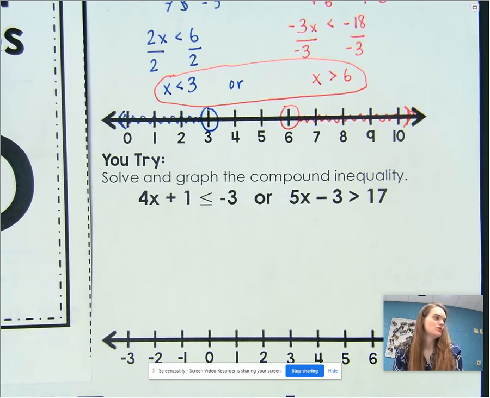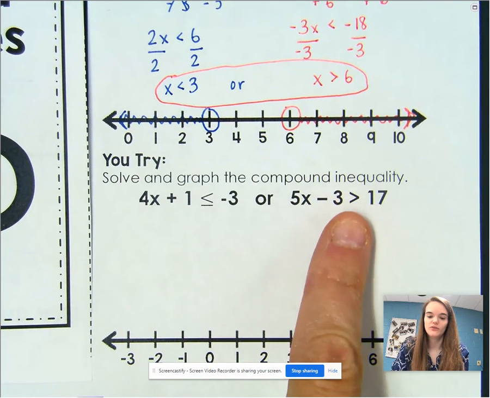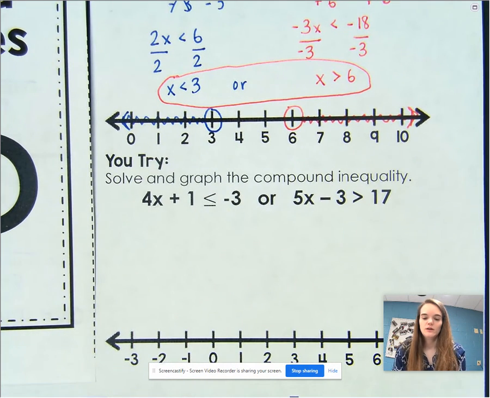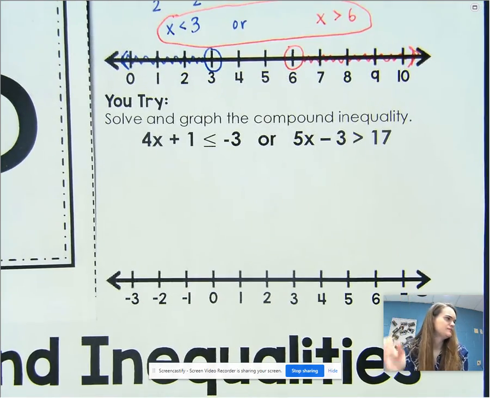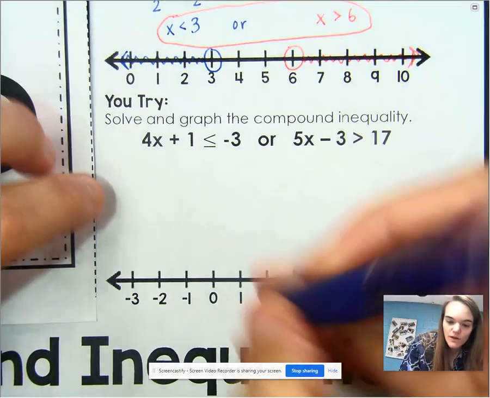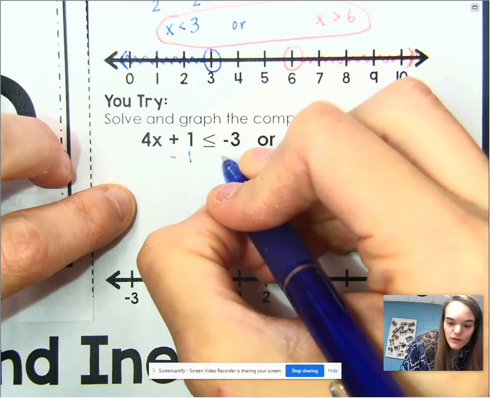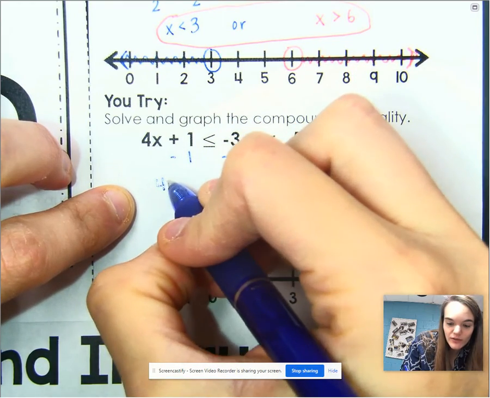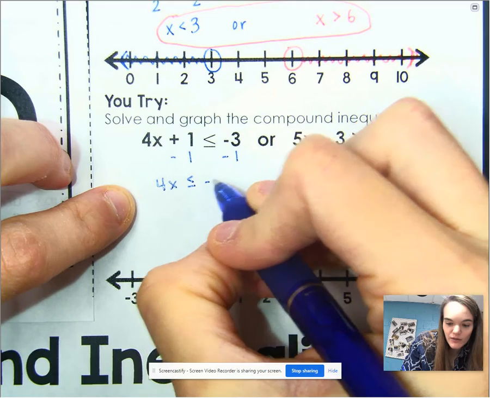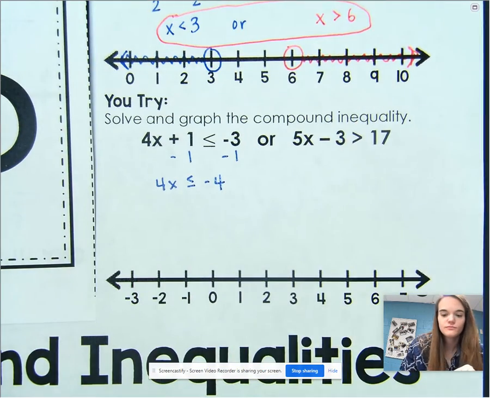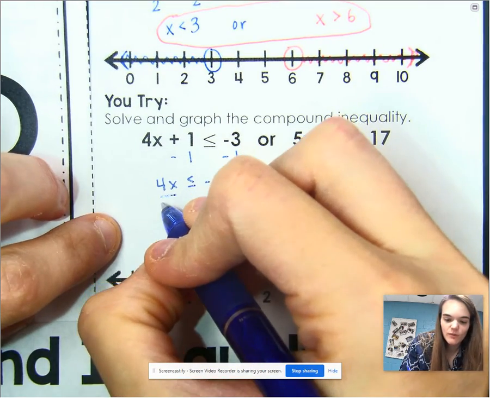Okay, I want you to work on the you try. Solve this one, then solve this one, and then graph both. So pause the video. I'm going to do it now myself. Okay, subtract 1. 4x is less than or equal to negative 1... 4x is less than or equal to negative 4. Divide by 4.